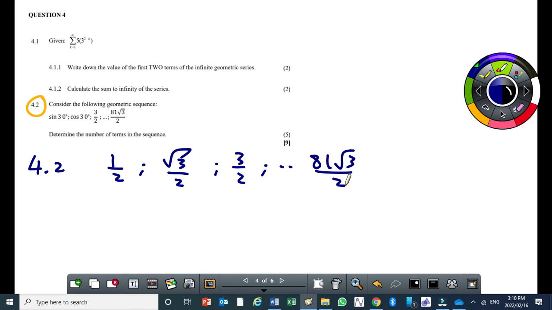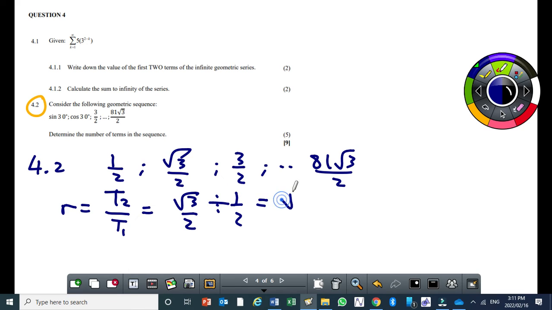Your first term is going to be a half. Now we need the common ratio. So the common ratio, we just say T2 over T1 should be equal to square root of 3 over 2 divided by a half, which is the same as square root of 3 over 2 times 2 over 1. And this gives you square root of 3.